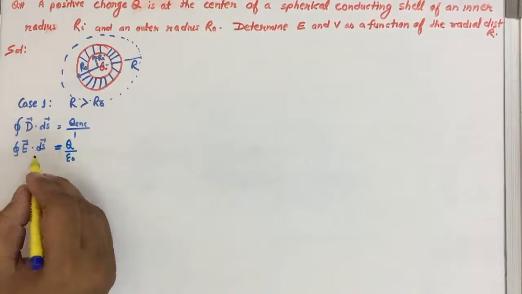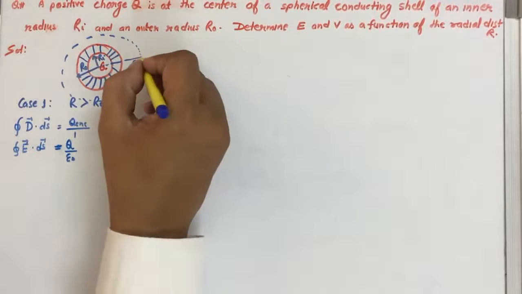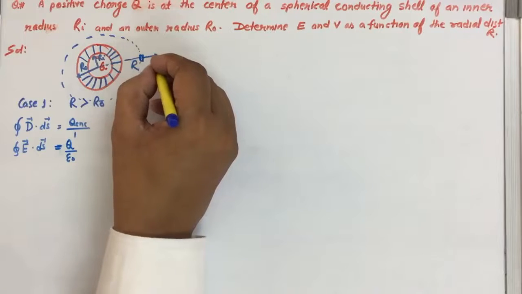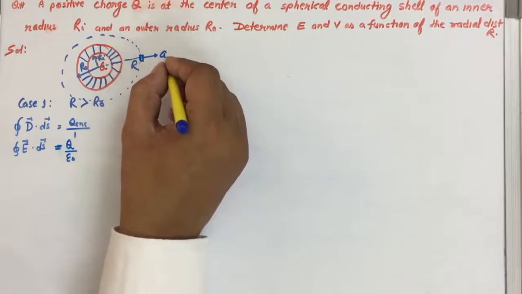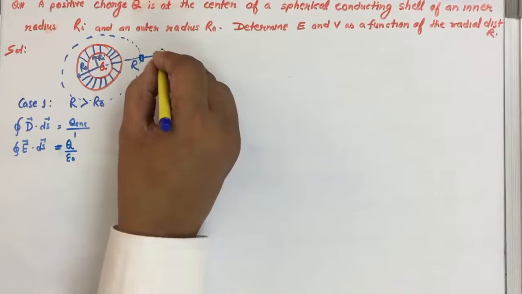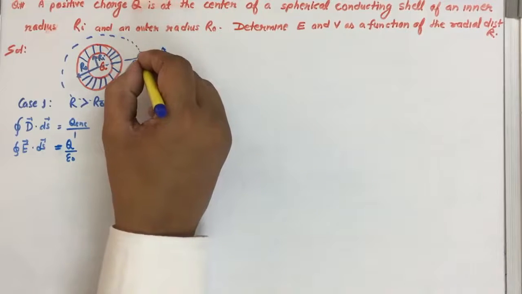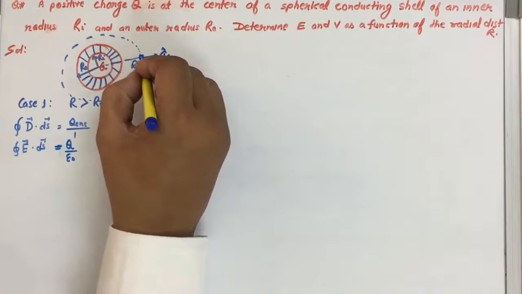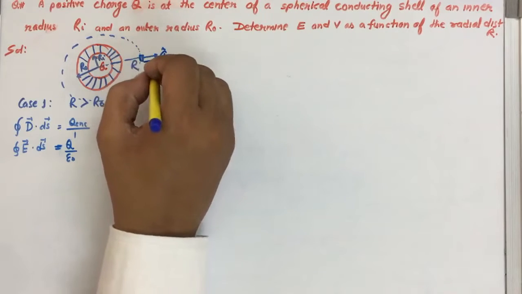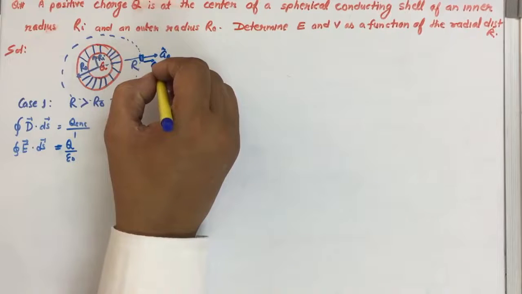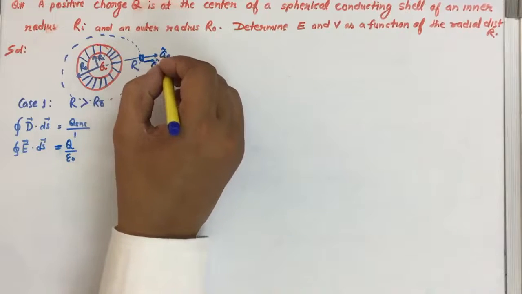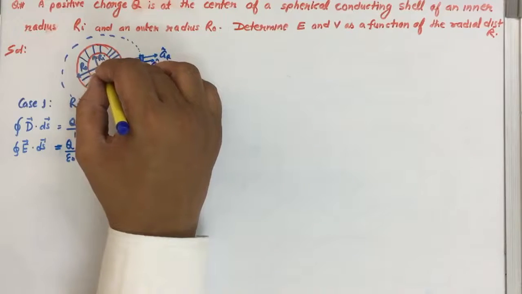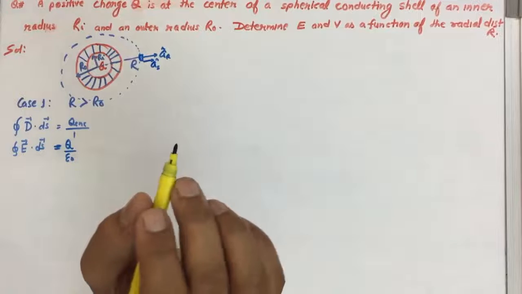If we simplify this, then we find that E at this position will be normal to the surface, in the direction of the radial vector a_r, and the area vector will be in the direction of the normal to the surface. So this will be the area vector and this will be the radial vector, or the direction of the E vector.